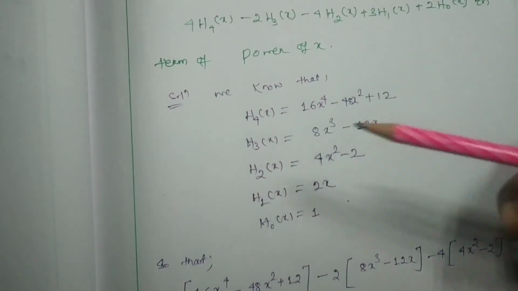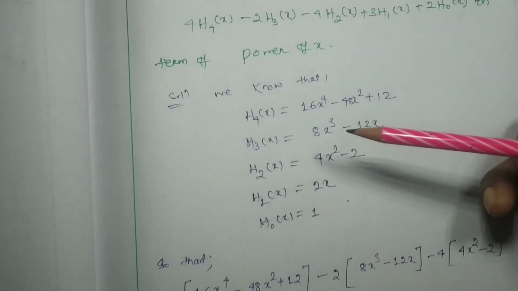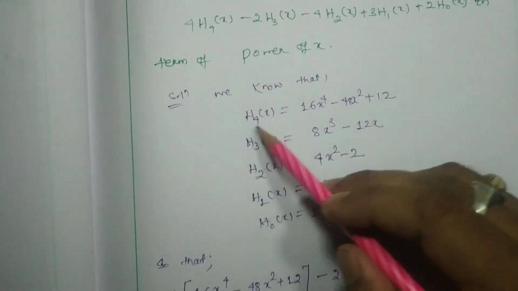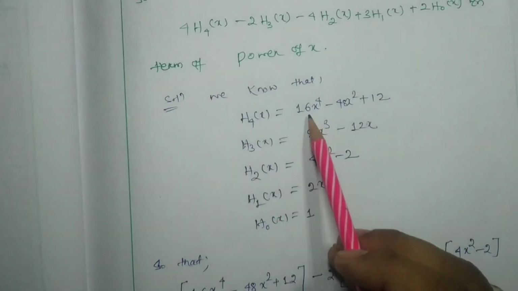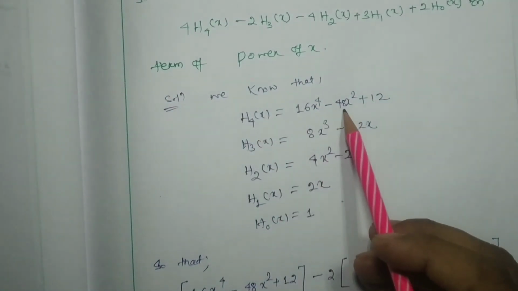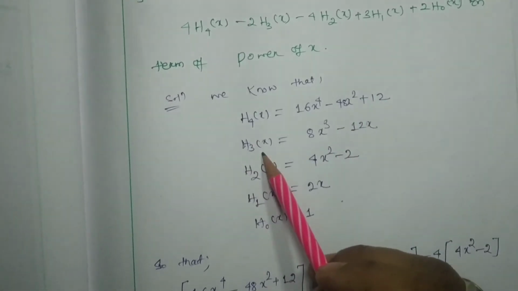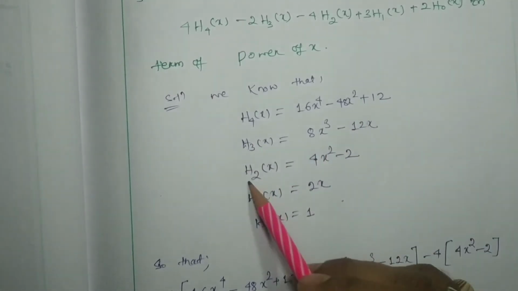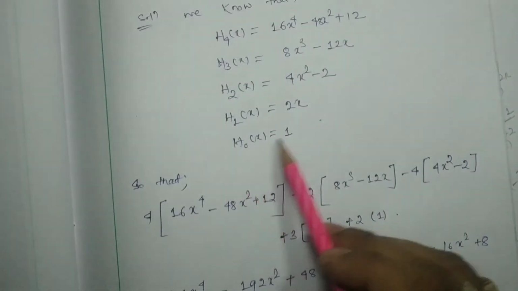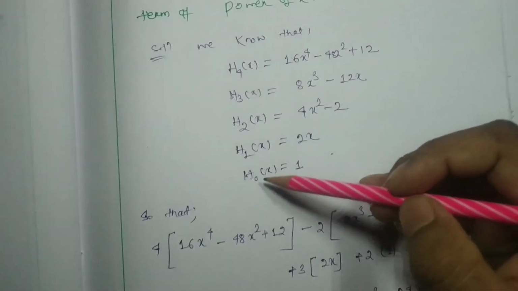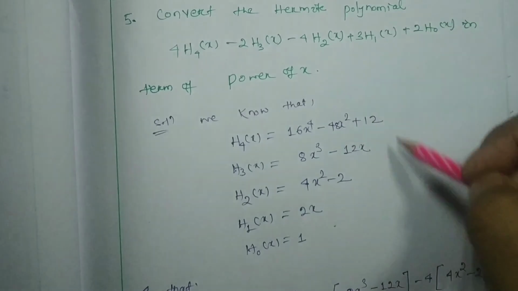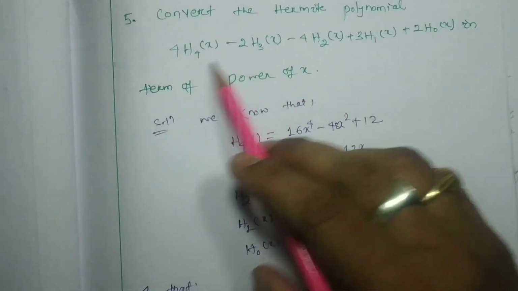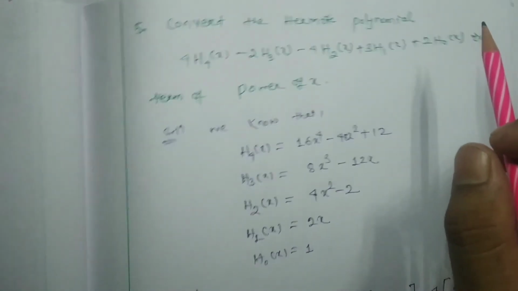Here again I suggest one thing: you have to remember up to H4(x). H4(x) equals 16x to the power 4 minus 48x square plus 12, H3(x) equals 8x cube minus 12x, H2(x) equals 4x square minus 2, H1(x) equals 2x, H0(x) equals 1. You have to remember from H0(x) to H4(x), because this is useful to solve this type of problem in your exam.